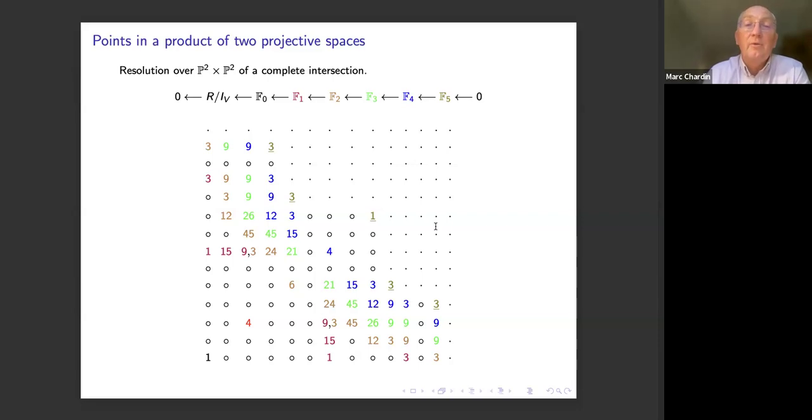Of course, this is more complicated, but first one sees that inside this resolution you find again a Koszul complex, which is this diagonal 1, 4, 6, 4, 1. But it's split into two, because the first three appear in F0, F1, F2, and the other ones appear in F4, F5.